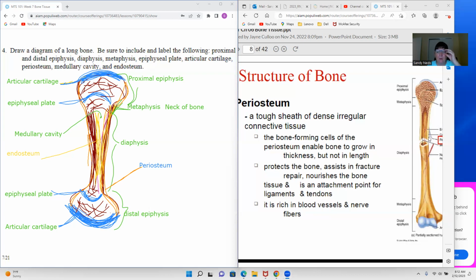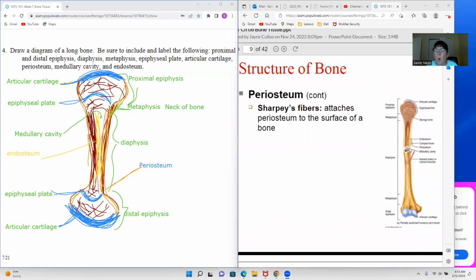It also allows for blood vessels and nerves to come into the bone without getting sheared off every time we move. And that helps in the nutrition of the bone. So the periosteum is very highly supplied in blood vessels and in nerve fibers. So we feel when something happens to our bone.